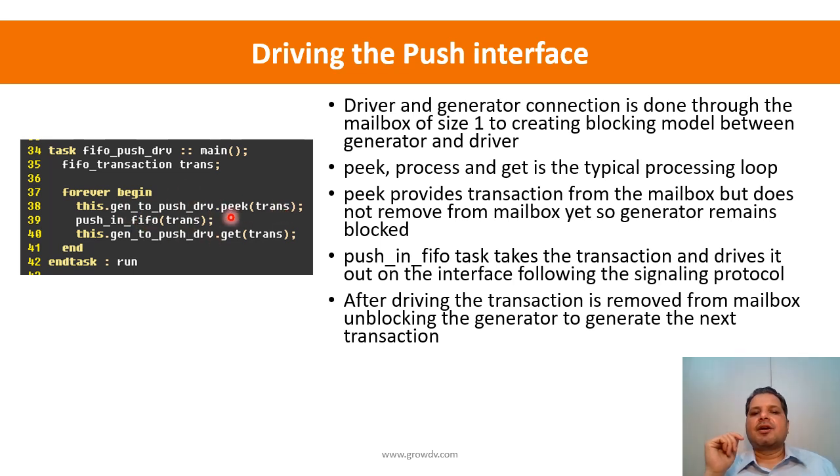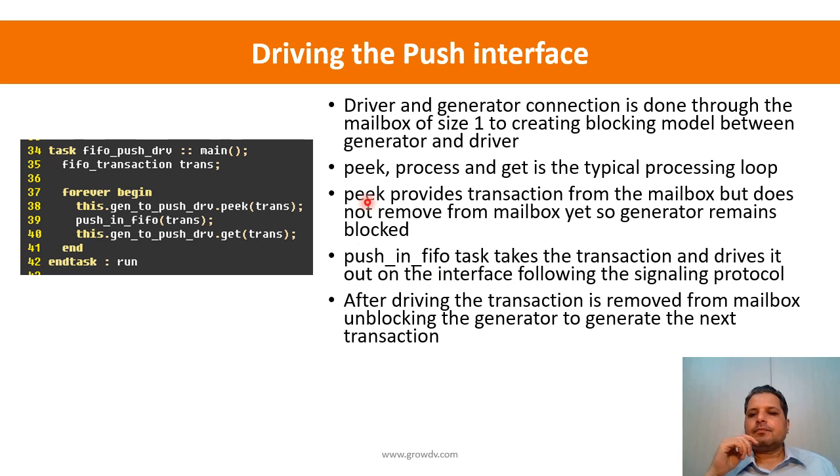Now we peek. Peek is another inbuilt function of the mailbox. It does not remove the transaction from the mailbox. It just gives you a copy of the transaction from the mailbox.